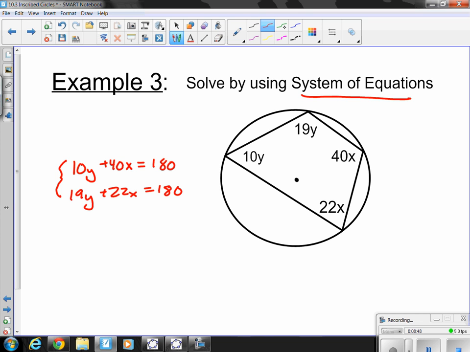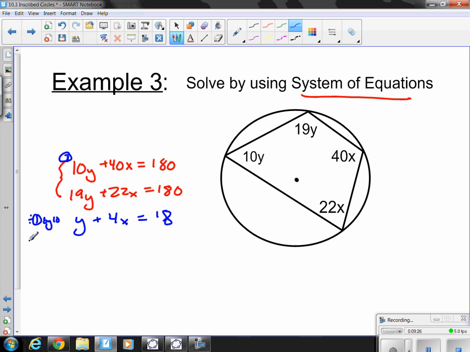So what we can do is manipulate these equations. I can take this first equation and divide it by 10 to get a new equation. Dividing it by 10, I get y plus 4x equals 18. And now I can multiply it by 19 to get things to cancel. So I divided equation 1 by 10 to get this new equation.